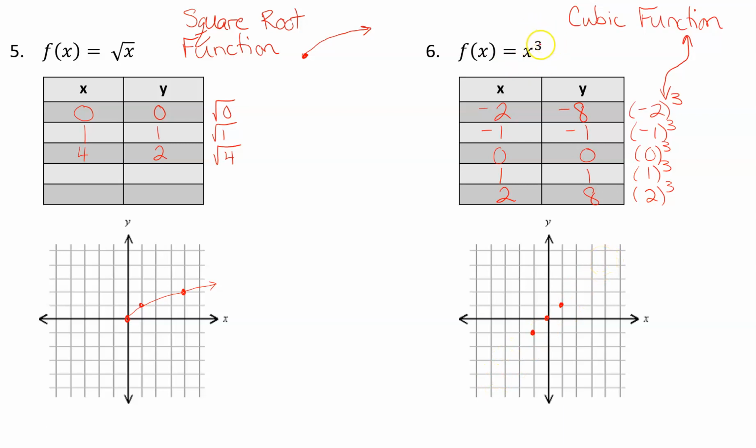But the shape for x cubed is not a straight line. So you're going to start kind of down low here in your third quadrant and curve through those 3 points, and then put arrows on each end. And that is the graph of x cubed.